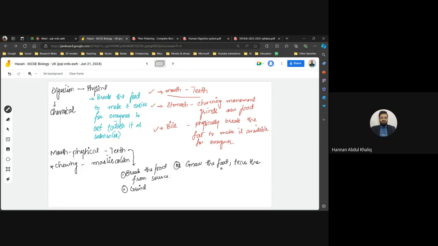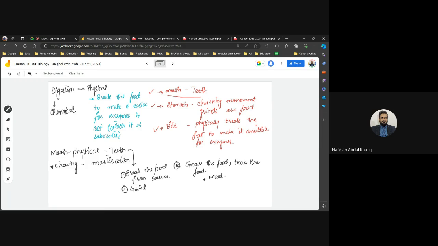Now, what is the meaning of gnawing or tearing the food? If I want to tell you in the local language, in Urdu it is called chirna parna. And this terminology is basically used for the meat, that we need to separate it from the source.